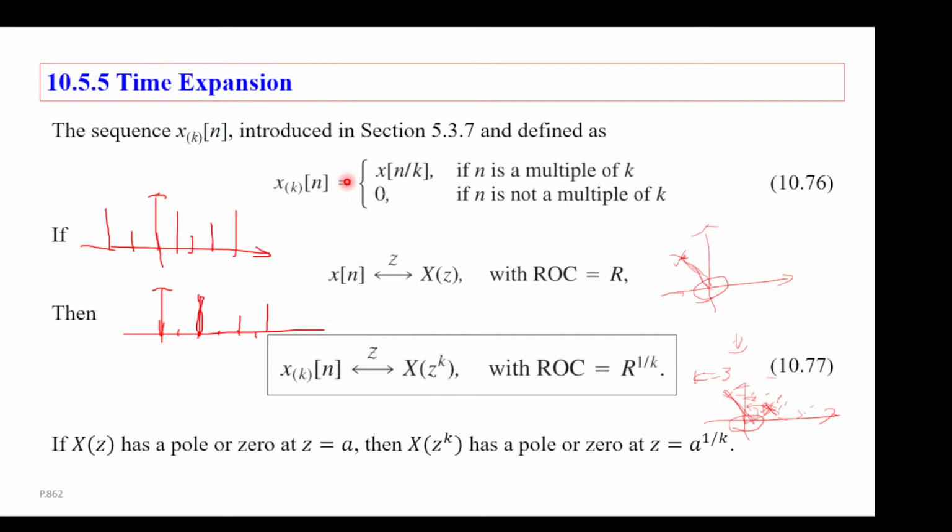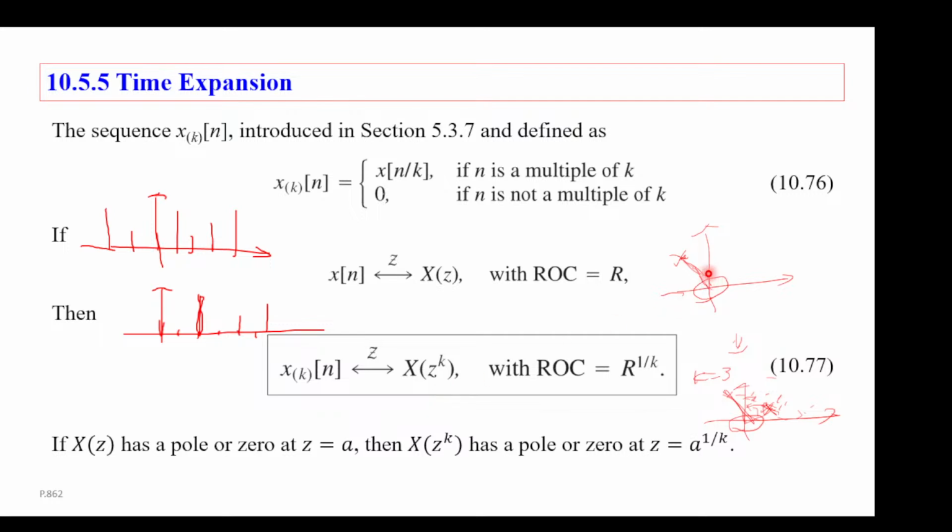So this is a time expanded signal we have, and now we want to see what its z transform is. If our original signal has z transform big X of z, then the time expanded signal will have z transform X of z to the k, with ROC being r to the 1 over k. And what does this mean is quite funny.